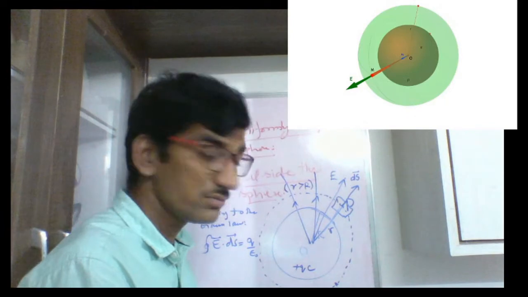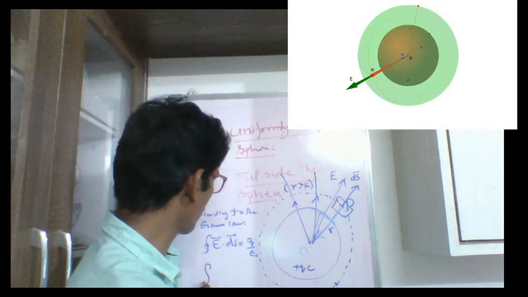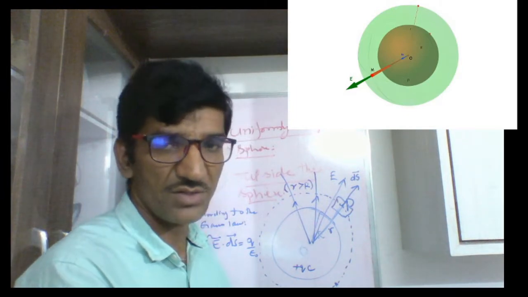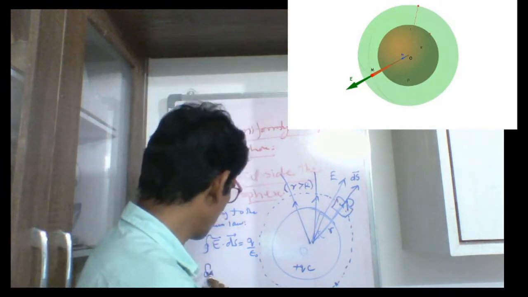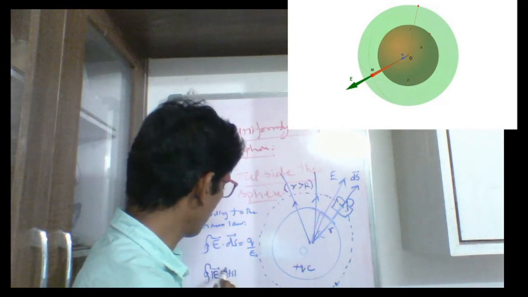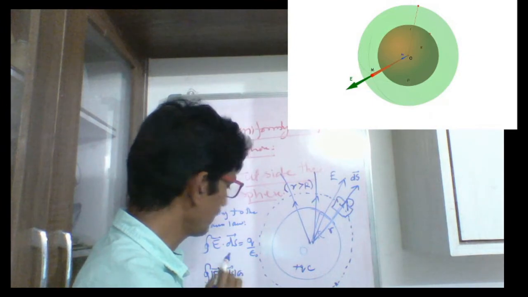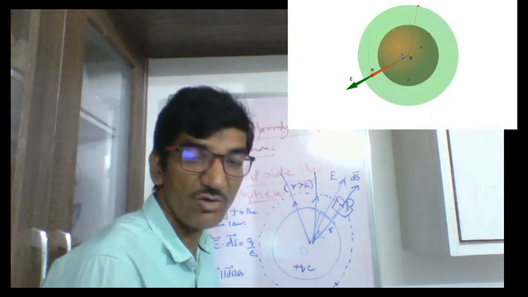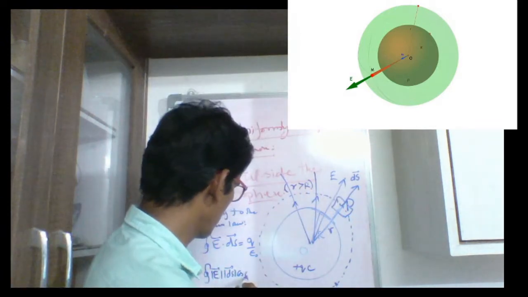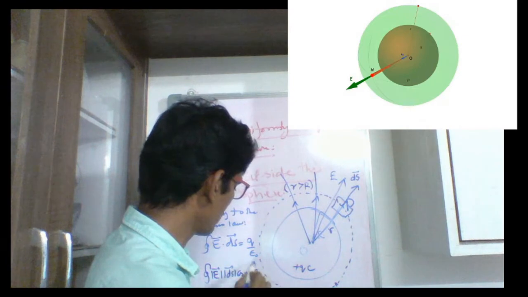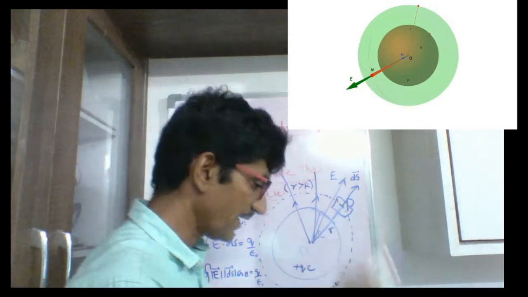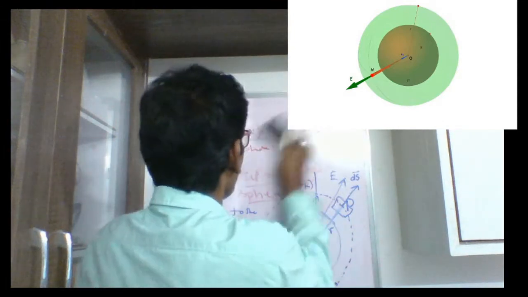Right. Now, what is the definition of dot product here? A dot B means AB cos theta. Here you have mod E mod ds cos theta. Theta means the angle between E and ds. It is 0. On this side you have q by epsilon naught.